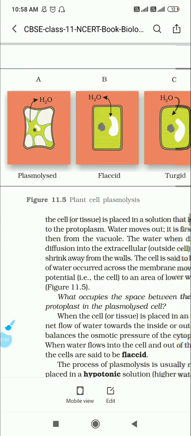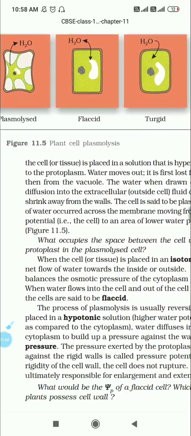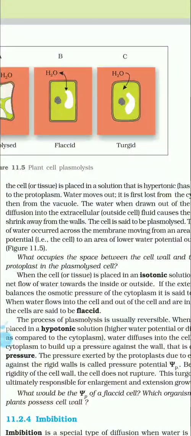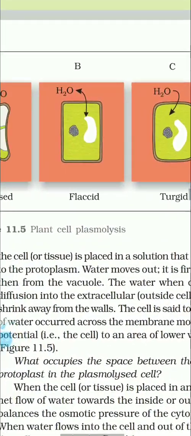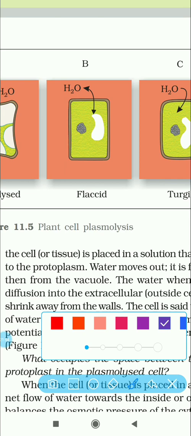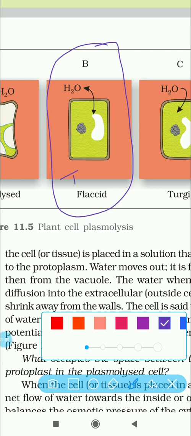Now the second condition is when we have a flaccid cell. Now try to understand, flaccidity is always obtained when the cell is placed in isotonic solution. Why?